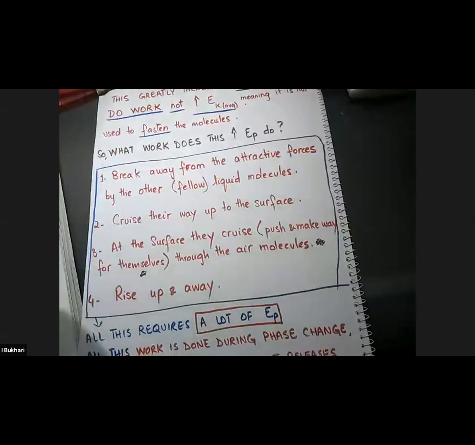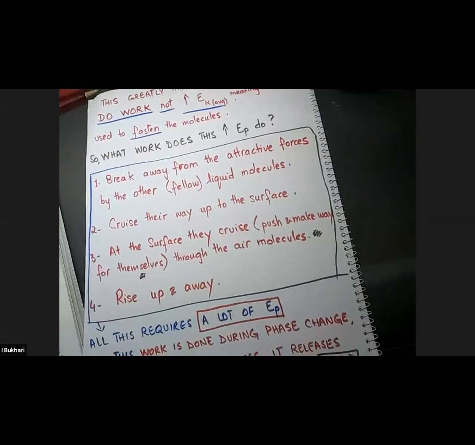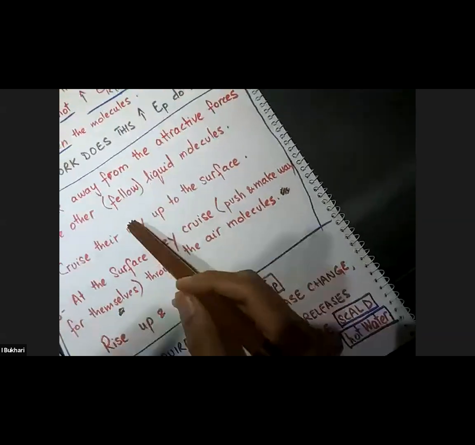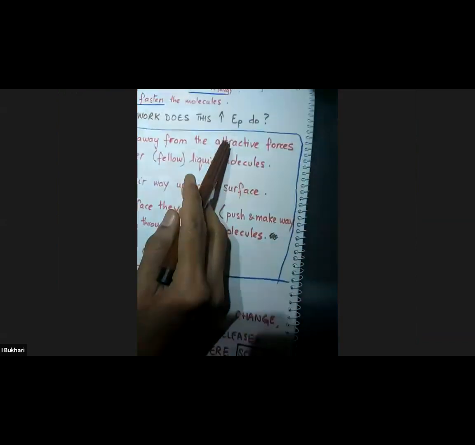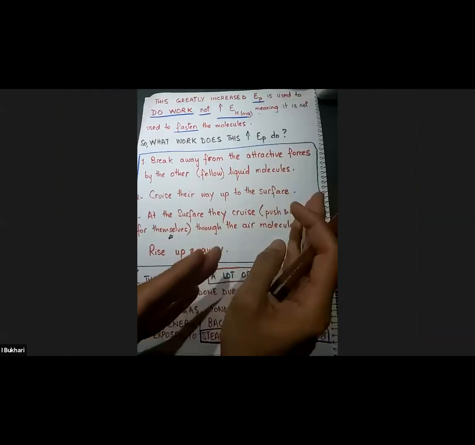Another thing I want to talk in detail about: what do I mean that a lot of potential energy is required when a substance changes from liquid to gas, that is boiling?